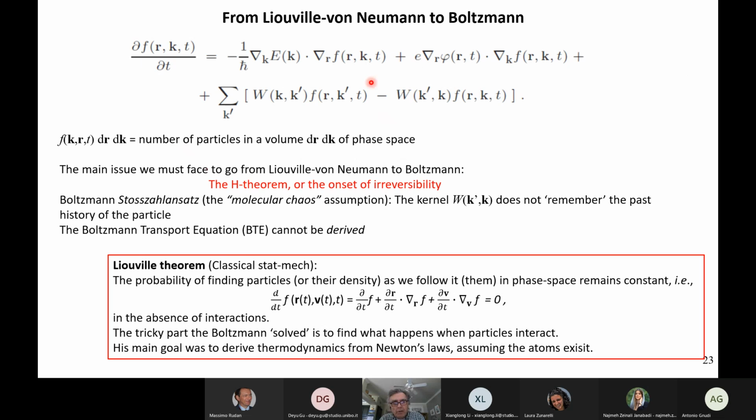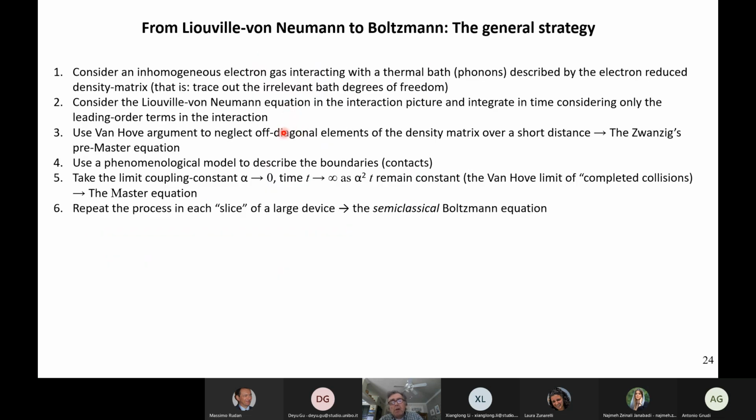So there will be not just a sum over k prime, there will be an integral from minus infinity to t of whatever happens inside here. So these objects will depend on time, actually on the past time, which is what we said is the Stosszahlansatz or molecular chaos assumption that Boltzmann made. We will not do it exactly the same way, but we will use the Van Hove limit to get that.